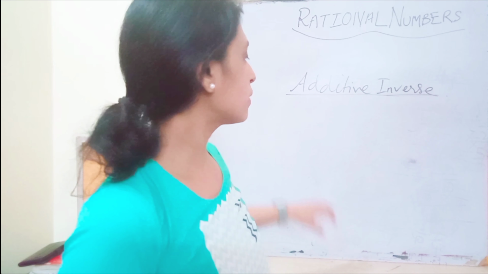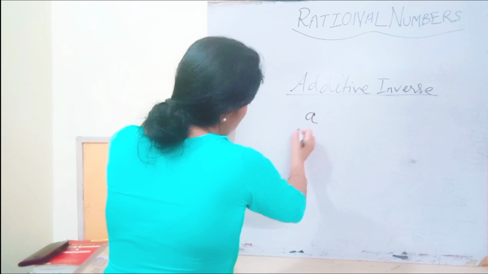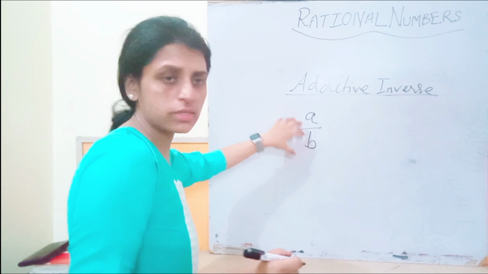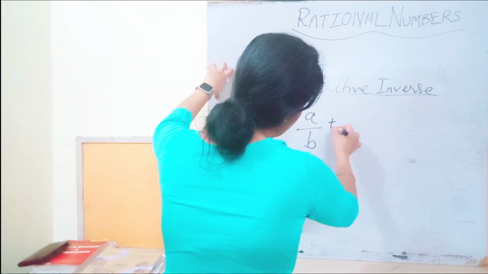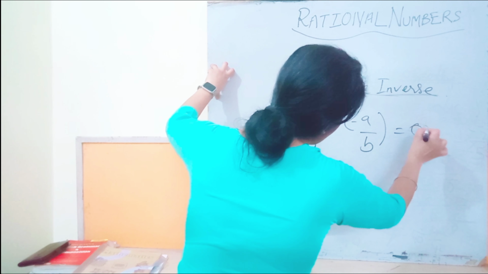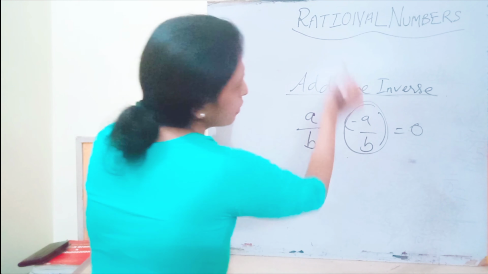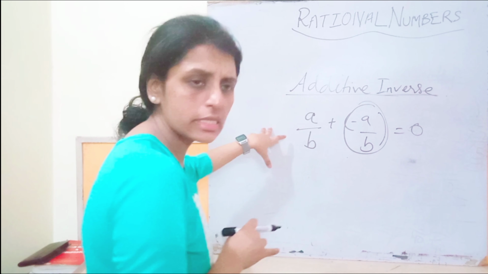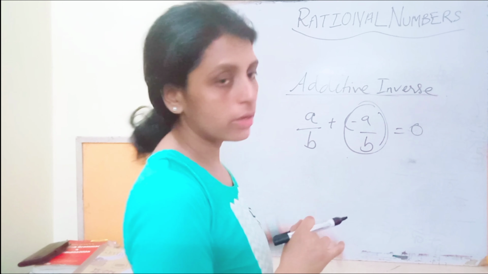Additive inverse का मतलब क्या होता है? वो rational number जब हम किसी given rational number से अगर हम ऐड करते हैं, तो अगर हमको रिजल्ट 0 मिलता है, तो that particular rational number is called the additive inverse of the given rational number.